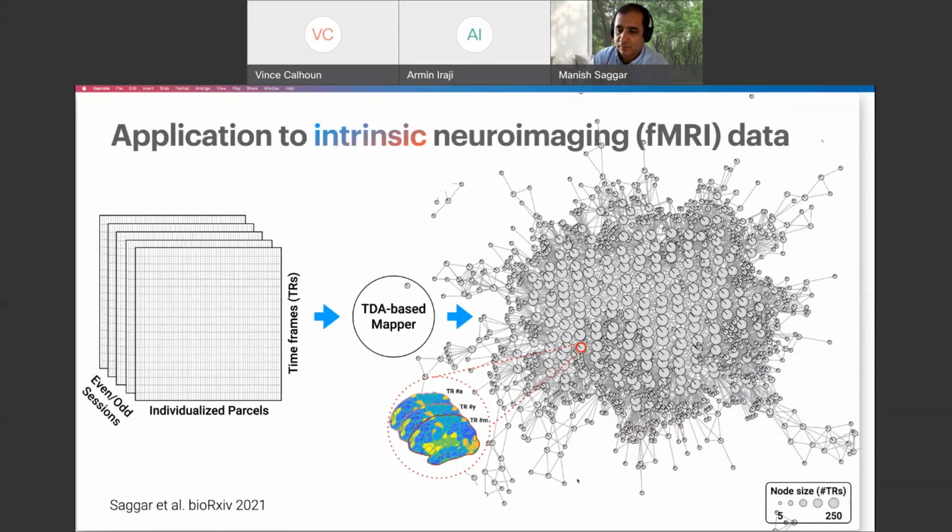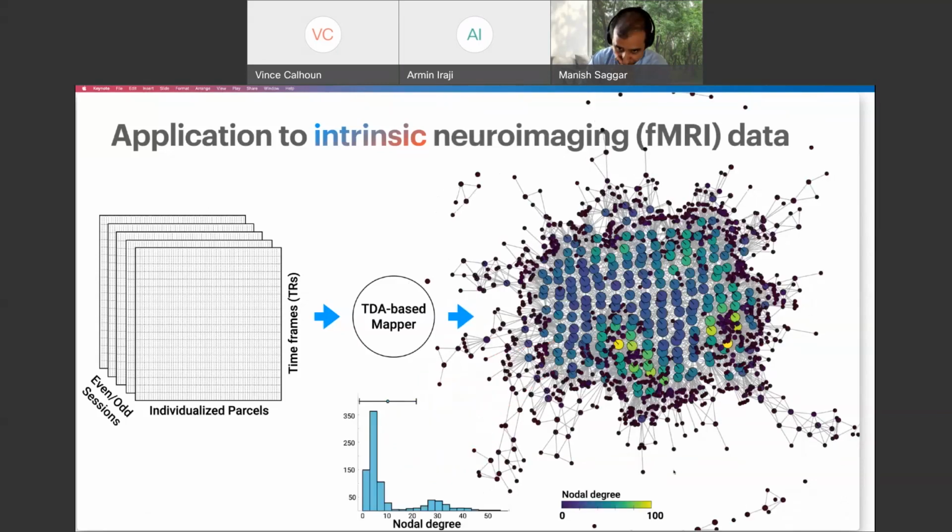And the size of the node varies a lot because the data we have is much longer, so it can go from like 5 TRs to 250 TRs. So one of the things you can do when you get this kind of manifold as a network is you can right away start to look at the nodal properties or the degree distribution or some kind of topological property of the data.